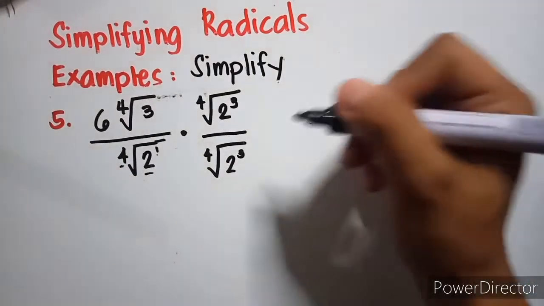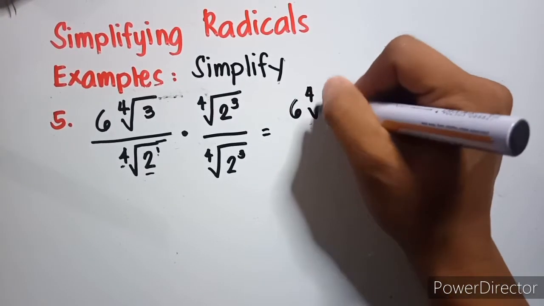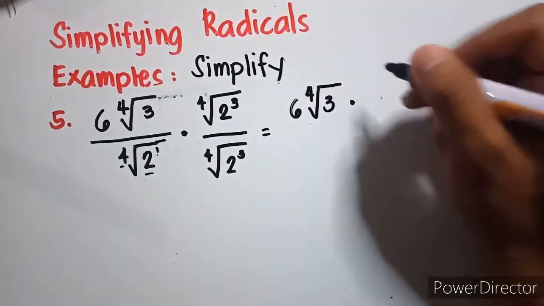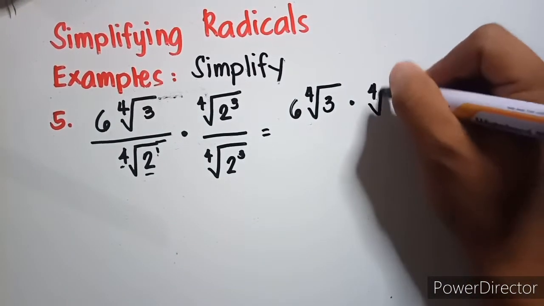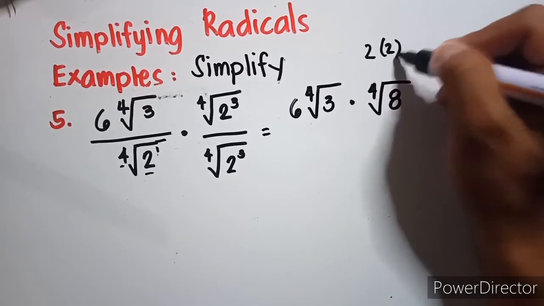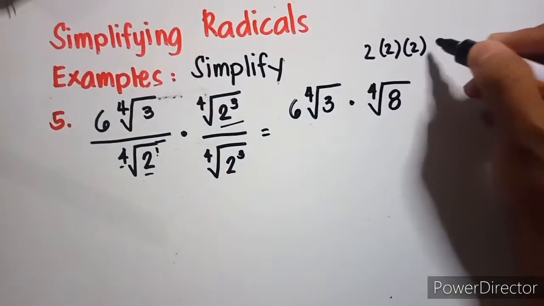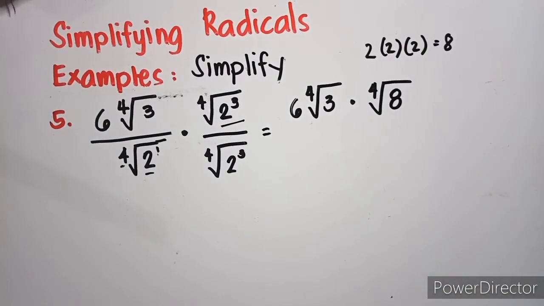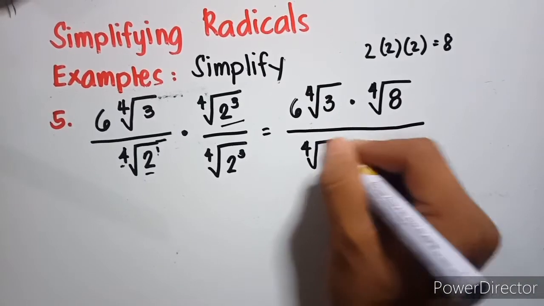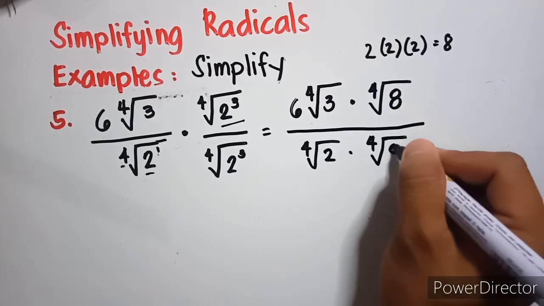Okay? So, again, we will have 6 fourth root of 3 times. So, ano ang 2 cube? That is 4 fourth root of 8. 2 times 2 times 2. Dahil 2 cube. So, ang sagot ay 8. Over fourth root of 2 times fourth root of 8.